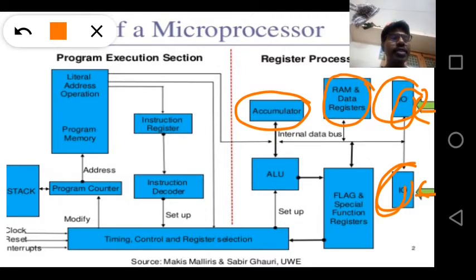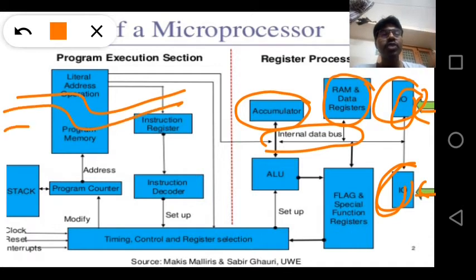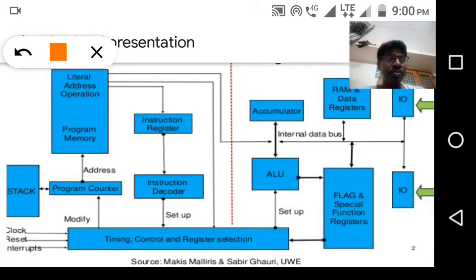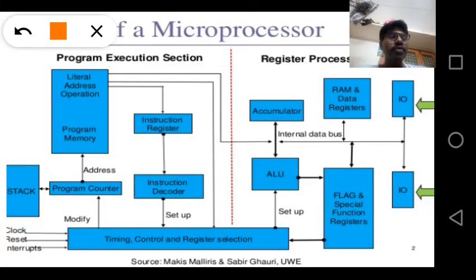They use some internal bus. An internal bus is nothing but some physical wires hardwired on the motherboard. You might have seen some blue colored lines. They are nothing but the internal bus. Flag and special function registers receive the control signal, timing signal, and register selection from the control unit.